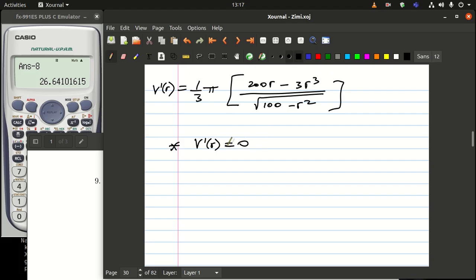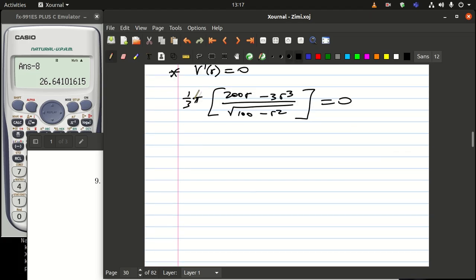When is this going to be equal to 0? This one is a constant, it cannot be equal to 0. But for heaven's sake, I'll say 1 over 3 pi times 200r minus 3r cubed, all over the square root of 100 minus r squared, must be equal to 0. This constant cannot be equal to 0, or I can divide on both sides, which means this is the only part that can be equal to 0.